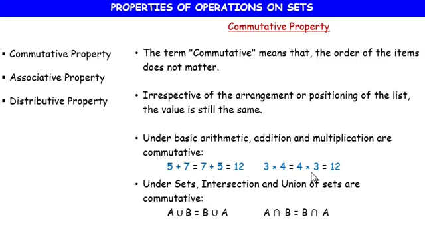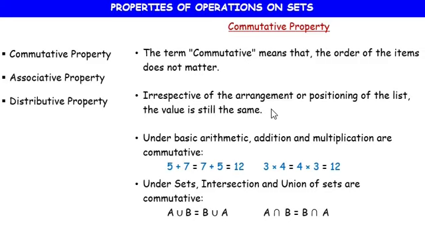Alright, so let's now talk about the properties of operations on sets. Under this we are going to look at the commutative property, the associative property, and the distributive property. So let's start with the commutative property.